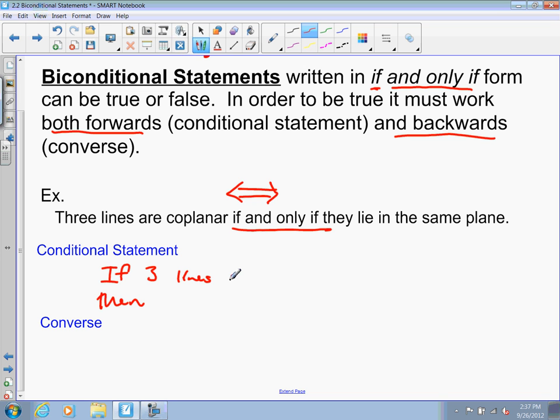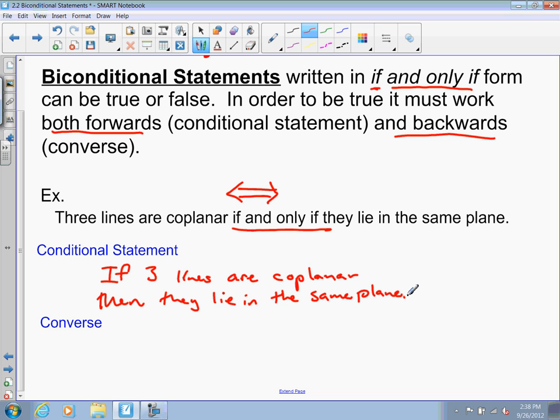If 3 lines are coplanar, now coplanar, let me clean up my handwriting a little bit. If they are coplanar, then they lie in the same plane. That is the conditional statement.